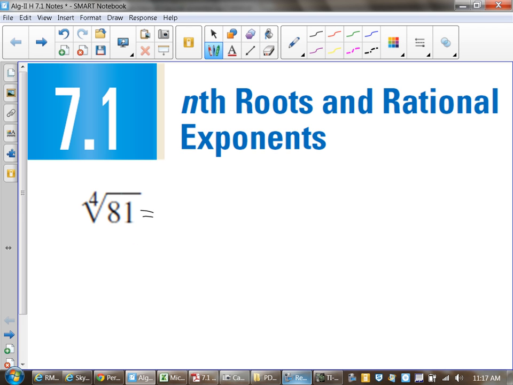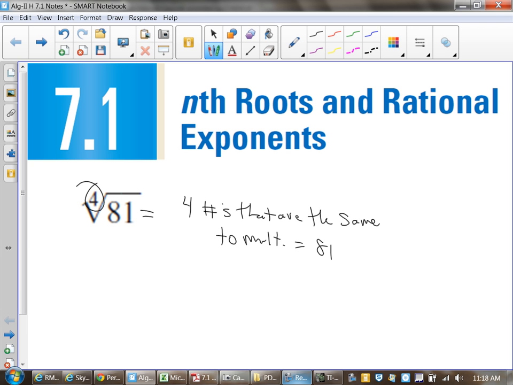What this is saying is, what are four numbers that are the same to multiply to equal 81? This is called a fourth root. What are four numbers you multiply together to get 81?